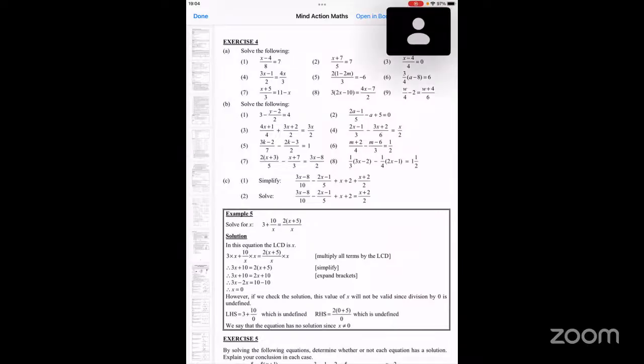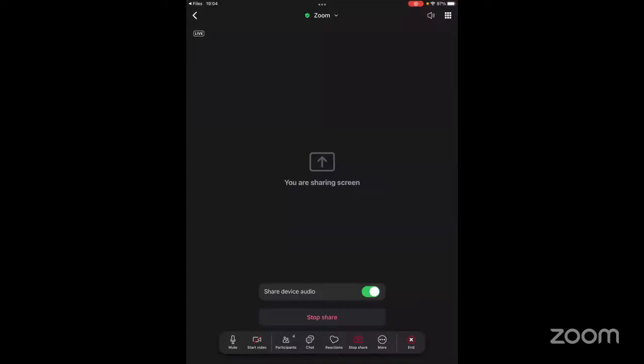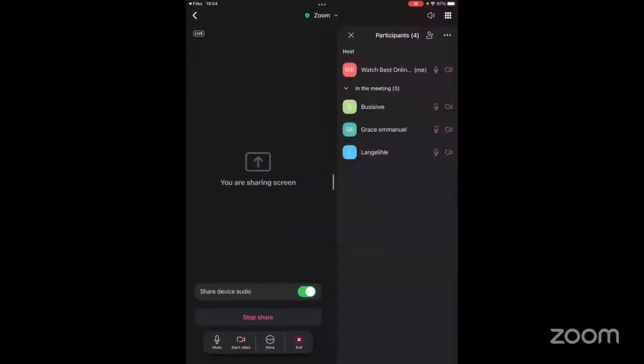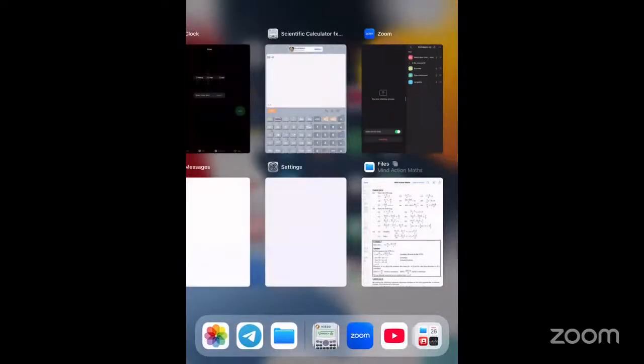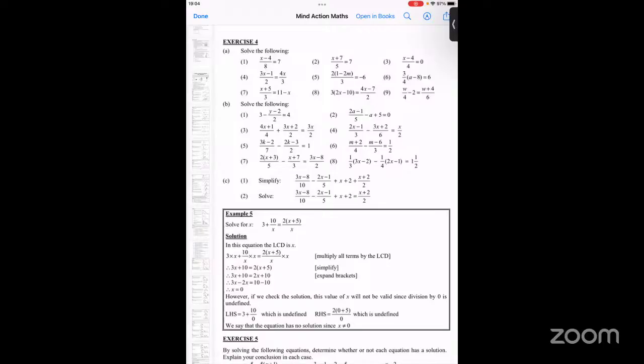Anglihle, they usually say ladies first. So let me choose from these two honorable members. Okay, alphabetically, Busisiwe, can you see these questions under exercise 4A? Can you choose one that you would like to see how it can be worked out?